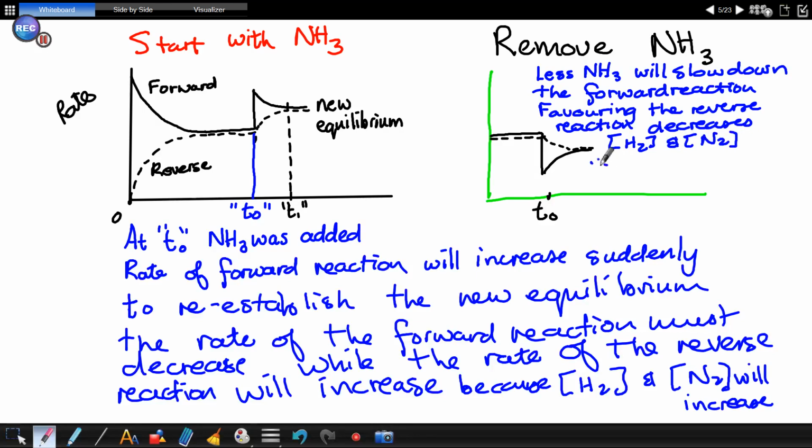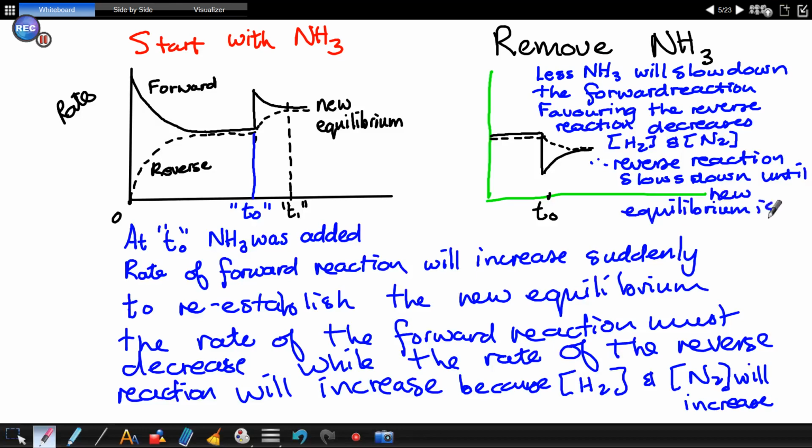So the reverse reaction slows down until a new equilibrium is established at a lower rate.